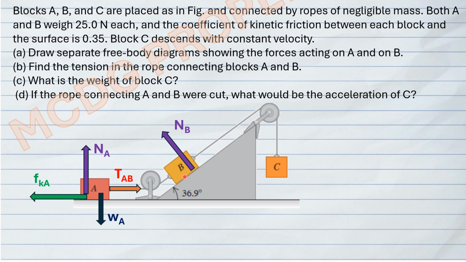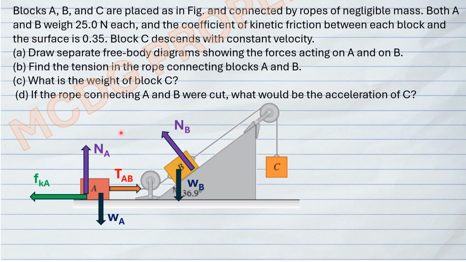And block B is moving along an inclined surface. So that's why the normal force here is going in this direction, perpendicular to the inclined surface.